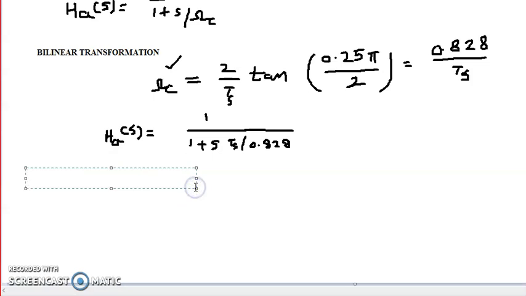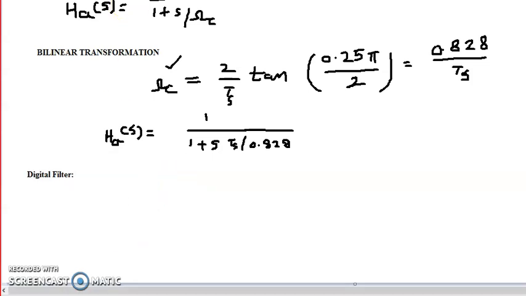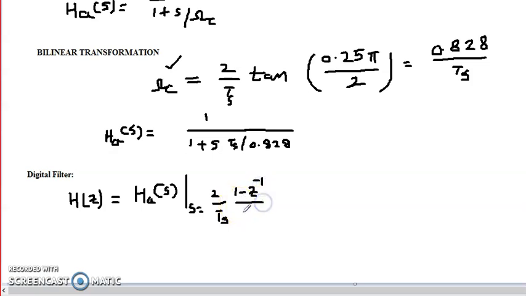The digital filter will have transfer function as H(z), and if we are using bilinear transformation, then it can be obtained by putting S equal to 2 by Ts times (1 minus z raised to power minus 1) divided by (1 plus z raised to power minus 1).